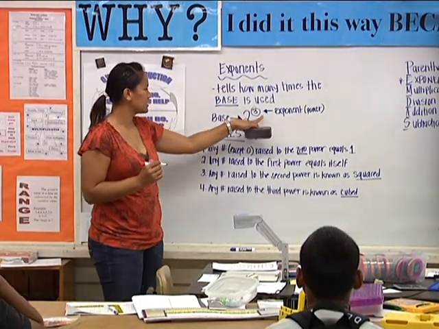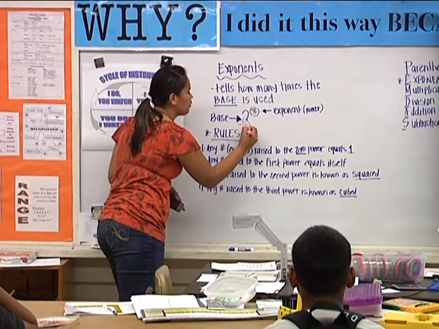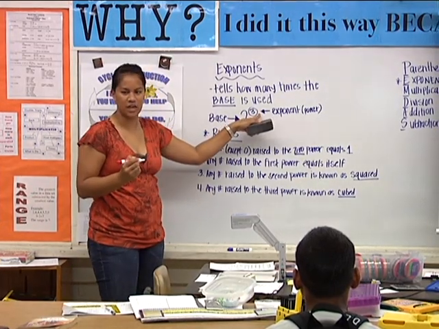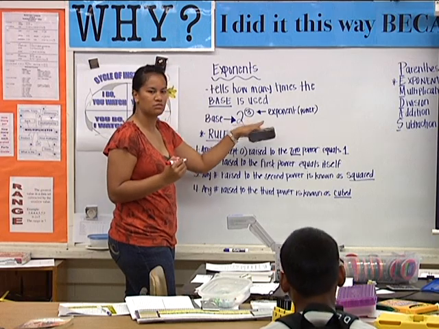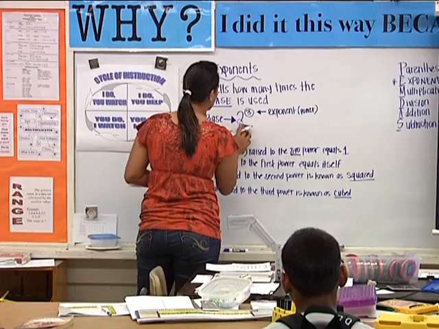So this exponent right here is a base number, the whole number, repeated this number of times. 2 times 2 times 2. Okay? Let's go over some.